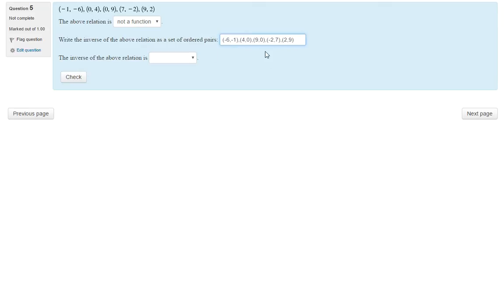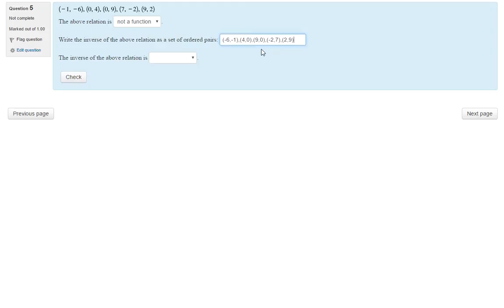This time for the inverse, the input values are -6, 4, 9, -2, and 2. Those are 5 different input values. So for the inverse, each input produces only one output. It does not matter that the input 4 produces an output of 0 and the input 9 produces an output of 0.